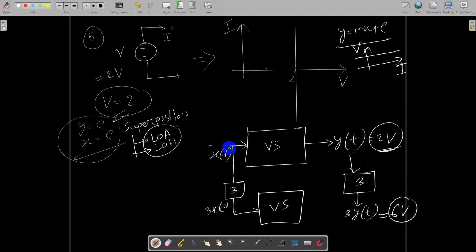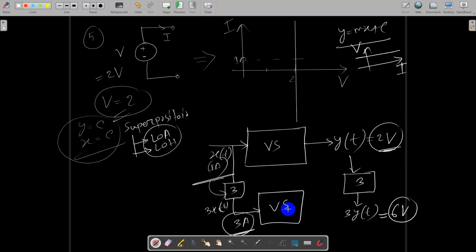Now if I scale the input x of t, I don't know what x of t was here. Suppose the x of t was previously 1 ampere. Now this 1 ampere will multiply with 3 and will give 3 ampere.